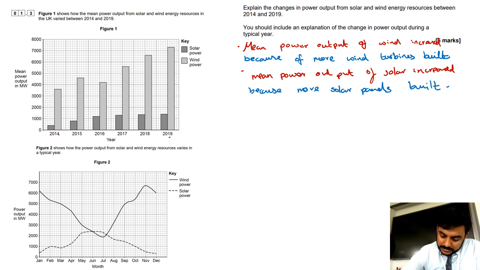Now, there's a statement to be made there that the change in wind and solar could be related to climate change. If it became significantly more windy from 2014 to 2019, that could have caused more wind power output. And if it became significantly more sunny from 2014 to 2019, that could have caused more solar power output.